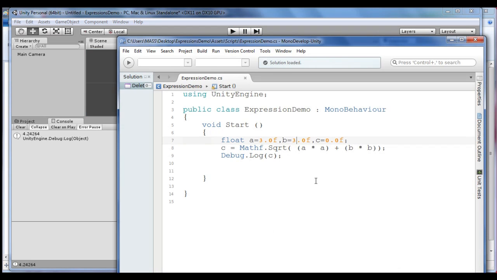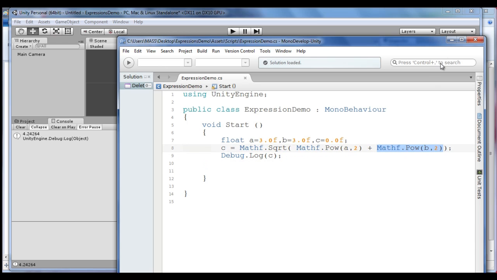Right. Now instead of writing a square, b square like this, we can use the Mathf function if you want. I will write Mathf.Pow(a, 2), that indicates a square. Then Mathf.Pow(b, 2), that indicates b square. So we have the square root of a square plus b square.